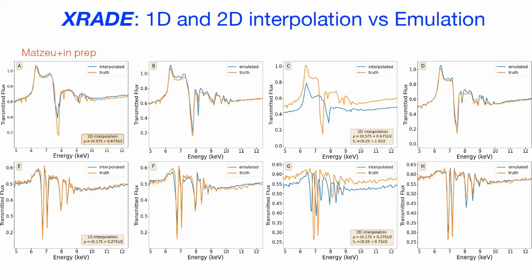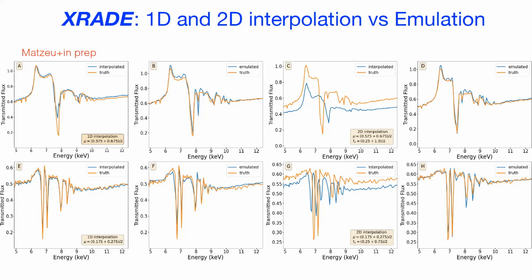The interpolation essentially takes the mean, but in practical terms, what happens is that you get a hybrid spectrum.